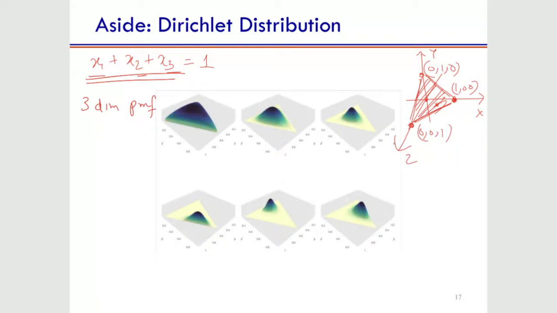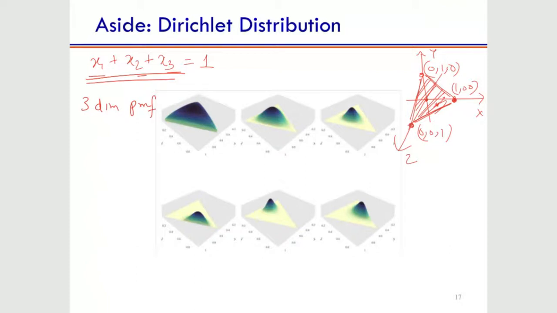Those three numbers could be the probabilities with which the coin lands on each side. So a sample from a Dirichlet distribution is a probability mass function. It seems loaded, but all it's saying is that a sample from a Dirichlet distribution is a vector such that the sum of the coordinates is 1. That's all.